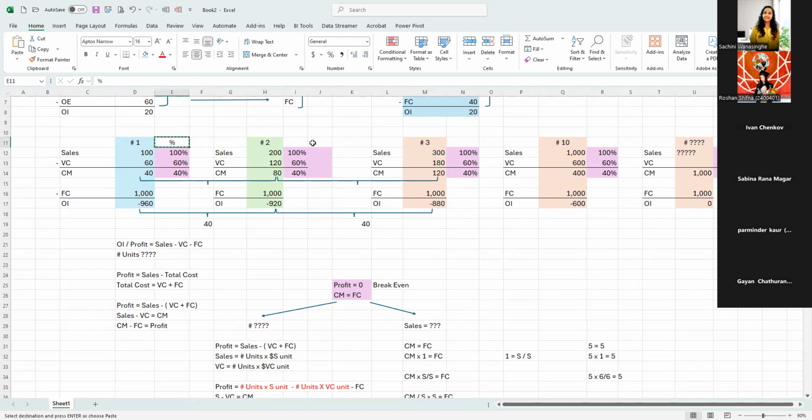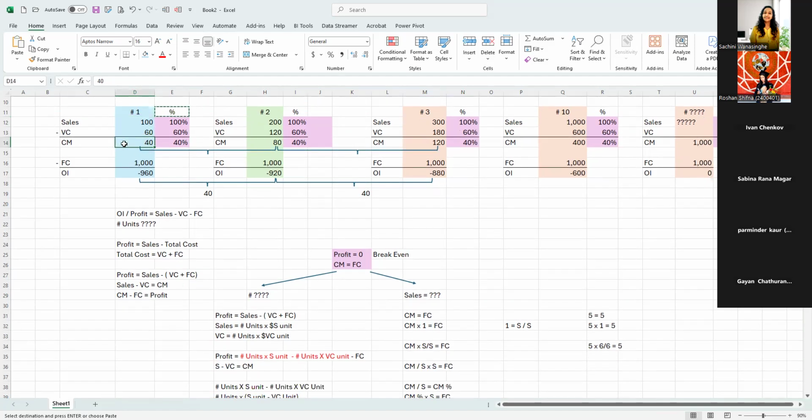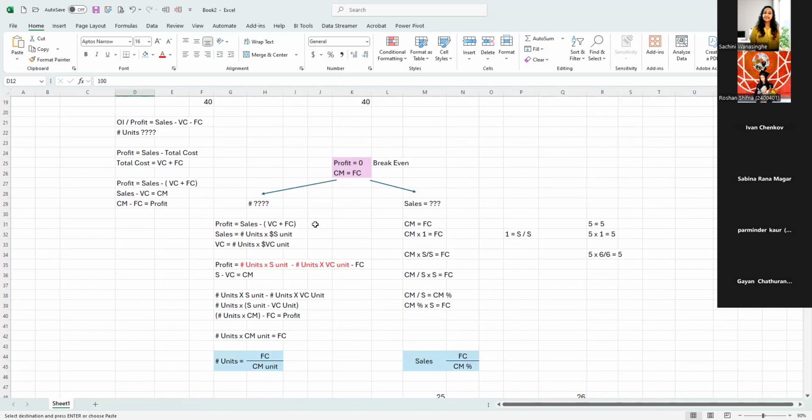It doesn't matter how many units we're selling, those contribution margin percentages always stay the same. Why? Because the cost structure per unit stays the same. The only thing that drives the cost is the number of units. So for that reason, contribution margin divided by sales gives us the contribution margin percentage.